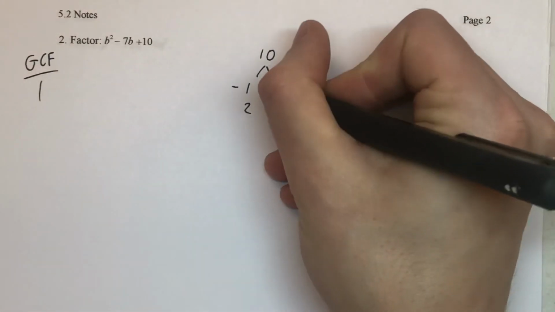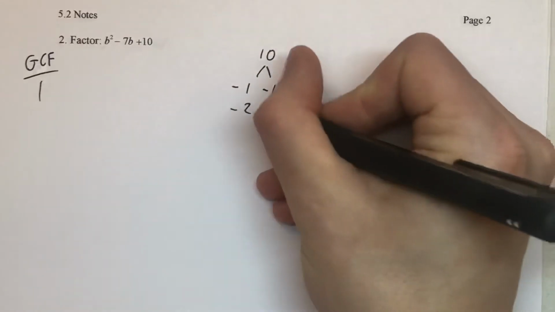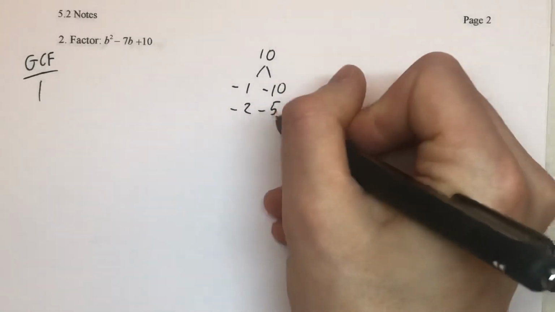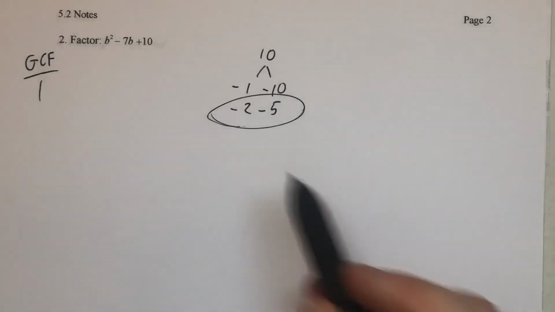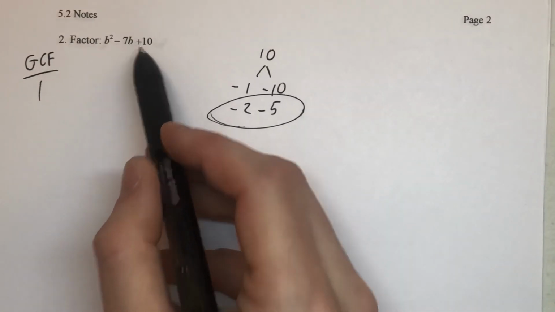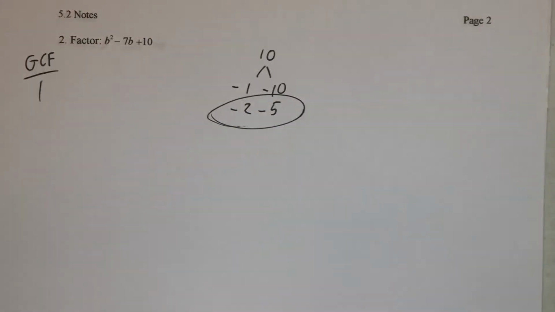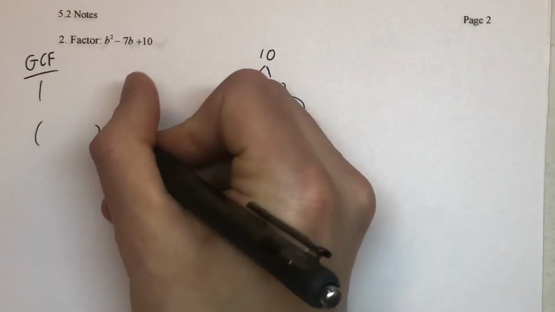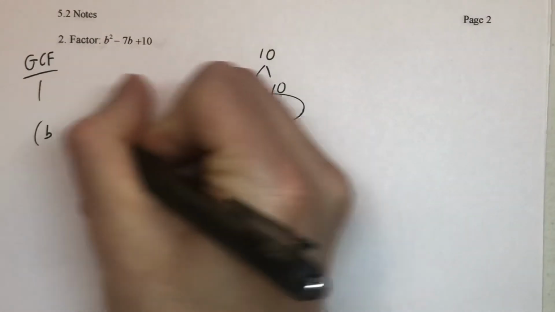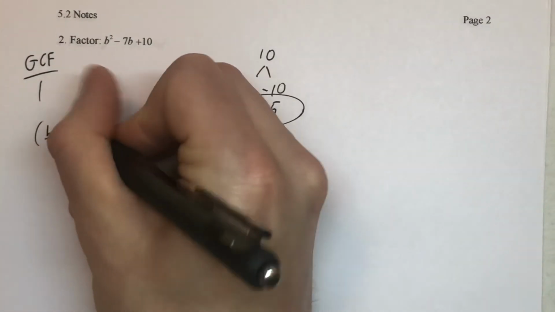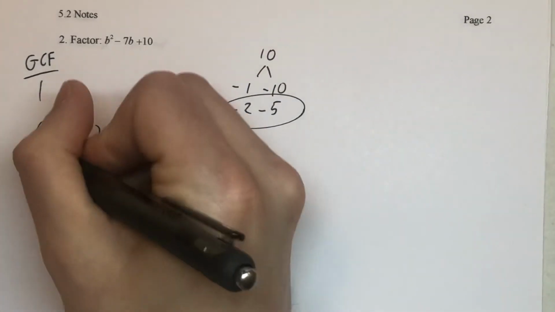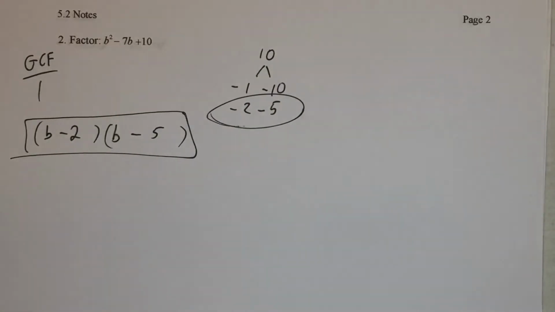So we'll just say, what if it was negative 1 and negative 10, or negative 2 and negative 5, and then we realize that, yep, that pair right there would multiply to a positive 10 and add to a negative 7. So we get our binomials that start with b this time for a variable, minus 2, minus 5, and done.